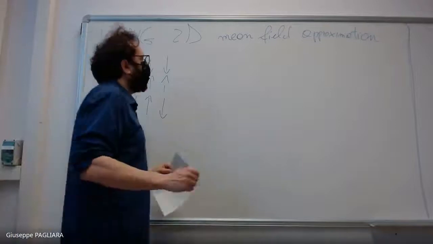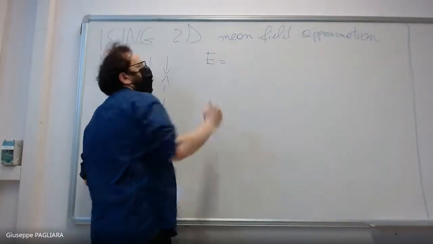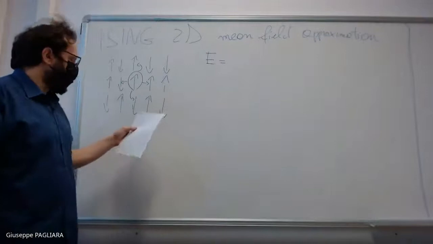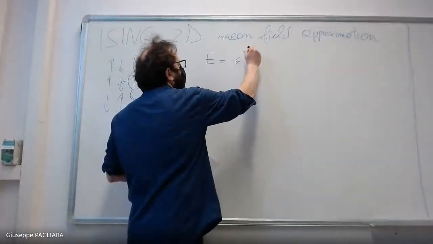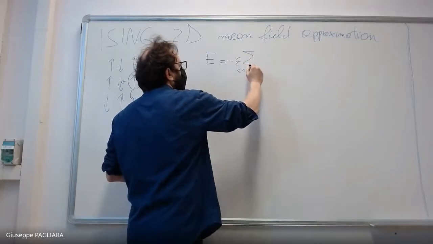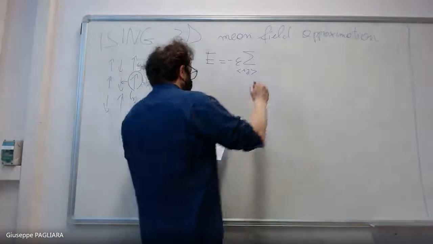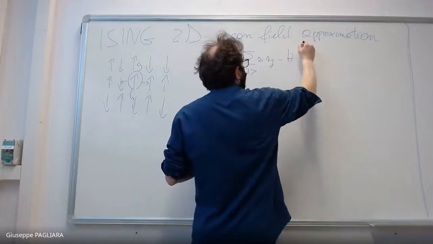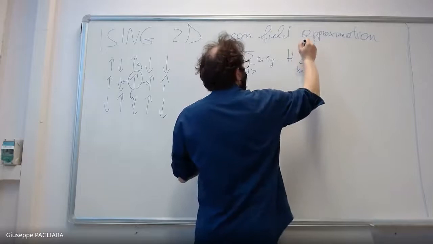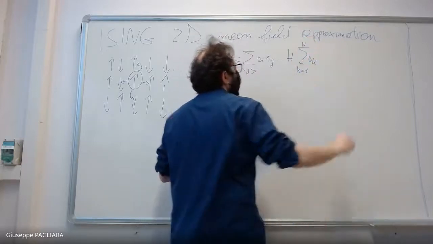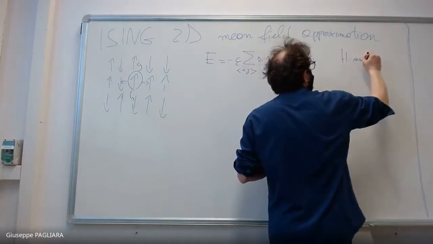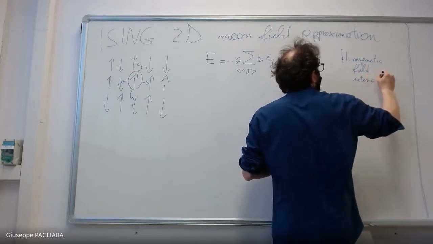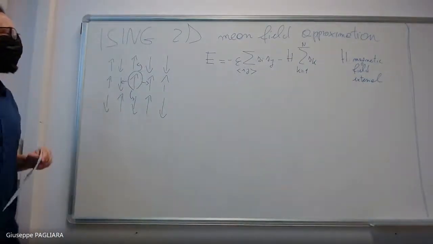Okay, so the starting point is to write down the Hamiltonian or the energy by working in the diagonal basis, and we write this as follows. I will explain in a moment what is the meaning of this minus h. Now h is as before an external magnetic field. As in the previous case, the structure is actually very similar.